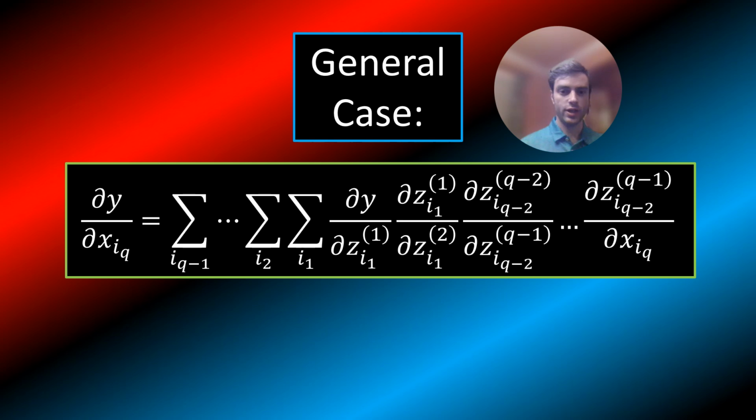So the general case of adding all the paths from y to x through all the intermediate variables z1, z2, z3, z4, all the way to z q minus 1, with index variables i1, i2, all the way to i q minus 1, we get that.